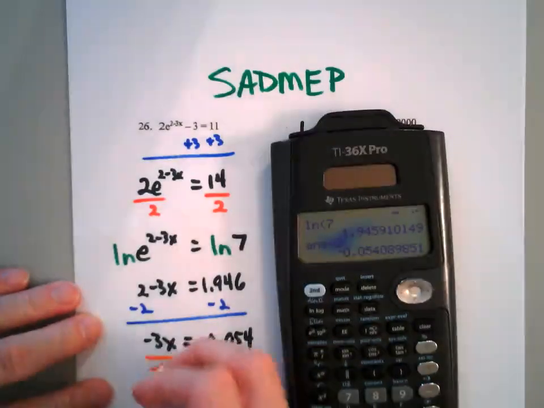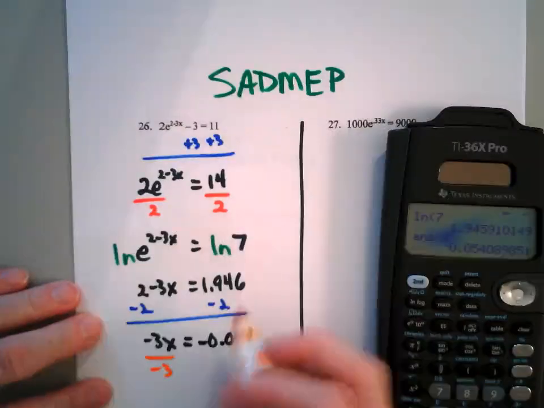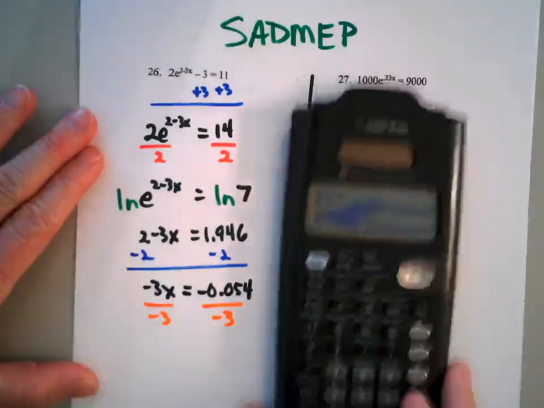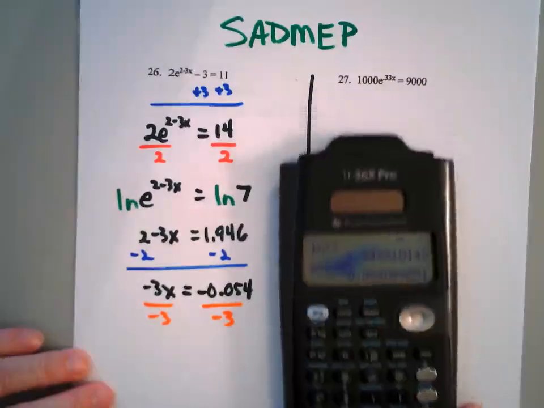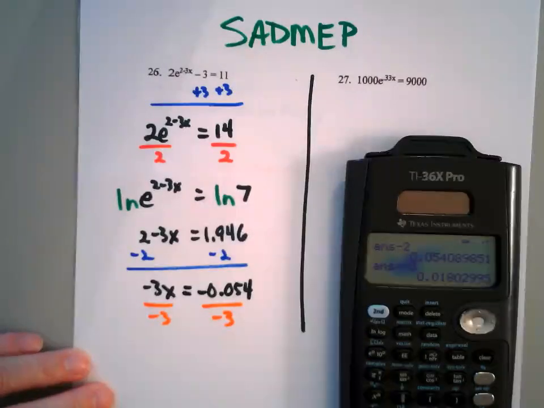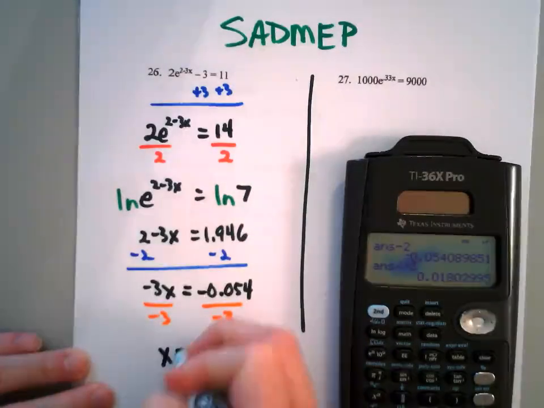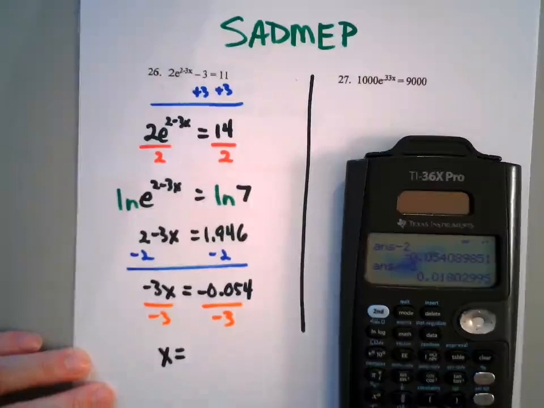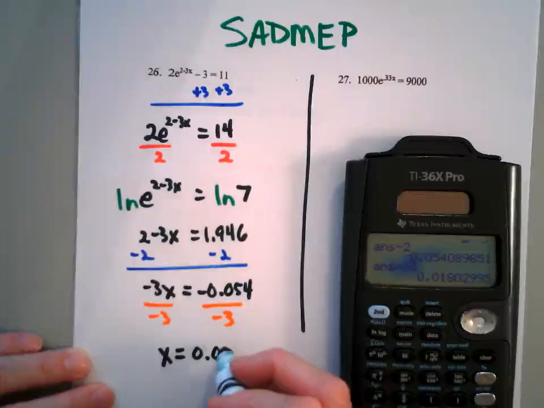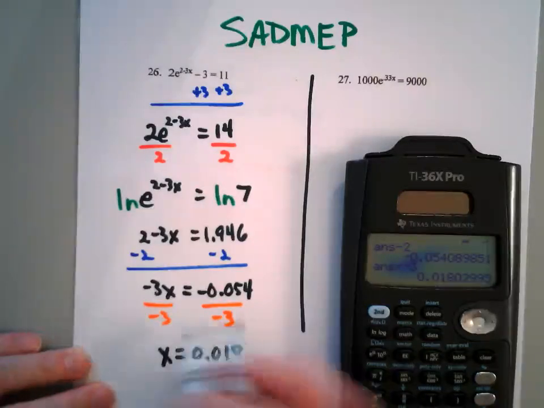Divide by negative 3. Scoop that up. That's a lot of problem. Just keep that calculator close by. Divide by negative 3. And we get our final answer, x equals 0.018.